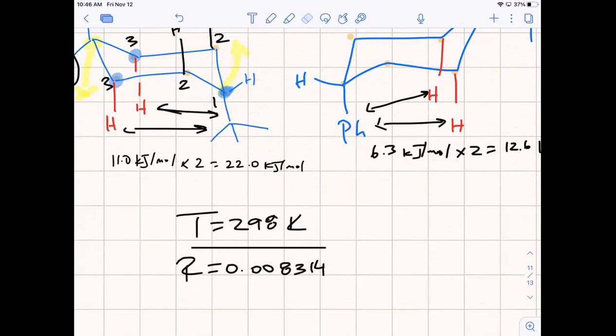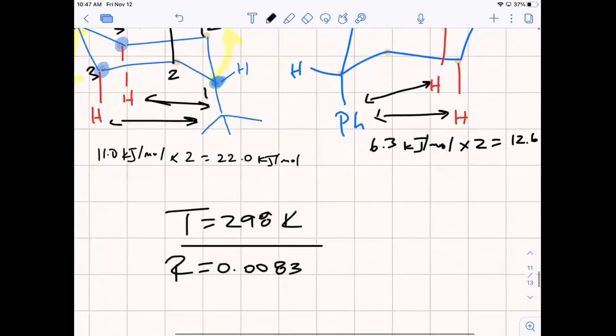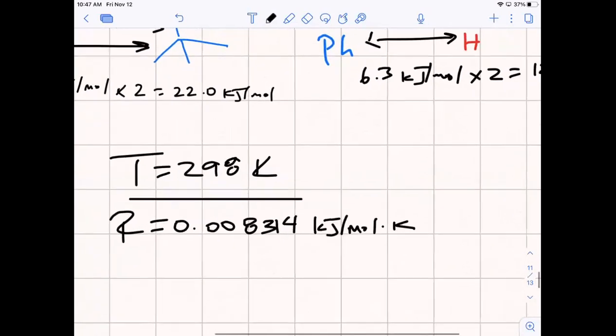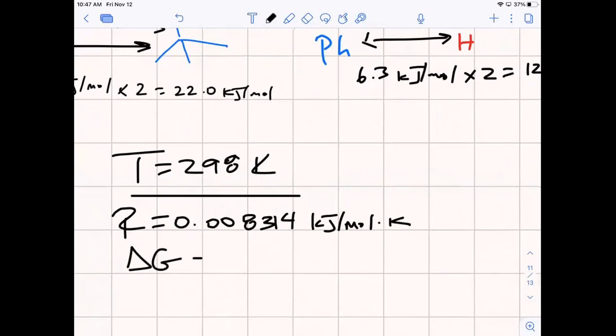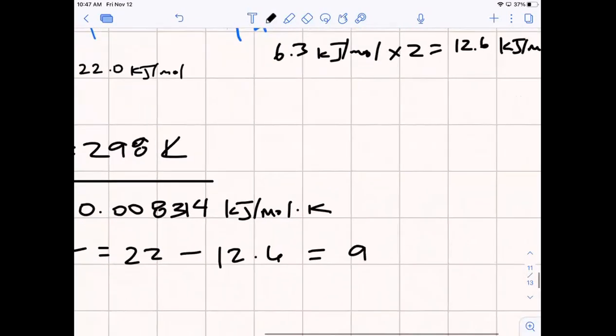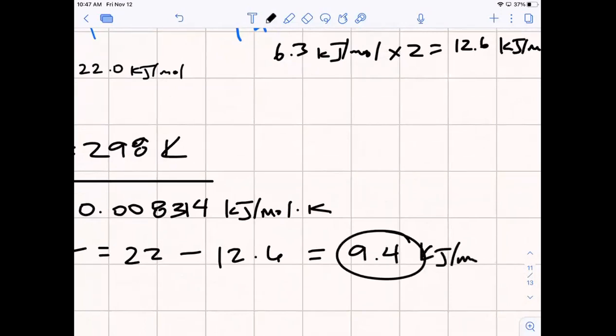Right, and delta G is what? It's going to be 22 minus 12.6. It's going to be 9.4. Is that right? Yes. Kilojoules per mole.